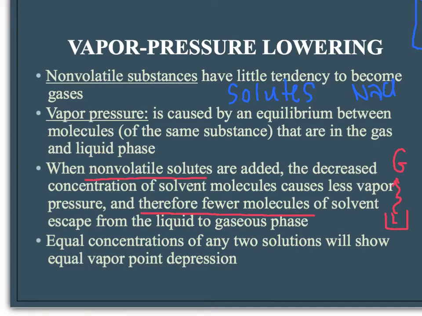So what happens is the vapor pressure, the overall pressure of the solution compared to the gas phase, it decreases. And the thing that's really interesting, and because this is an example of how colligative properties are based on concentration and not on type of solute, equal concentrations of any two solutions will have an equal vapor pressure depression. So that's pretty curious.